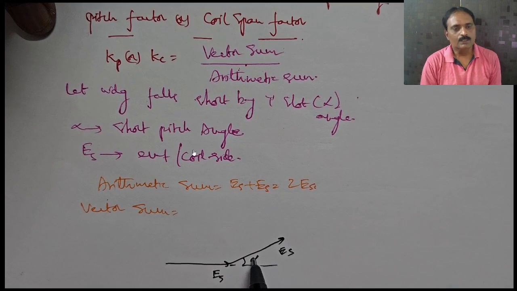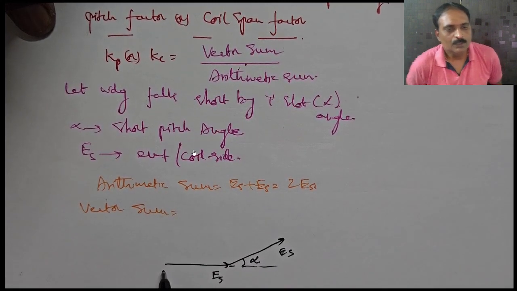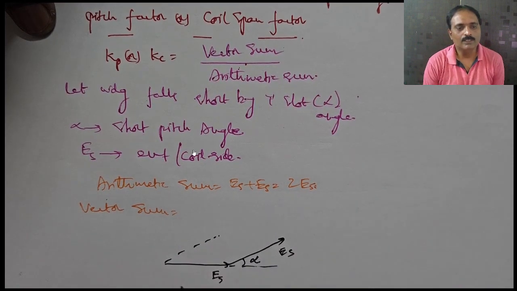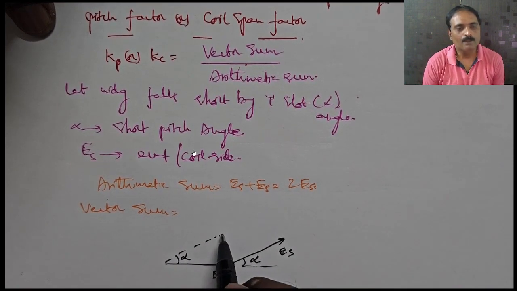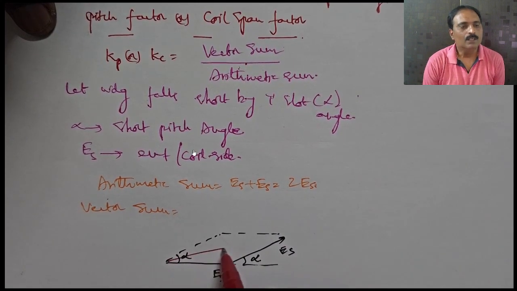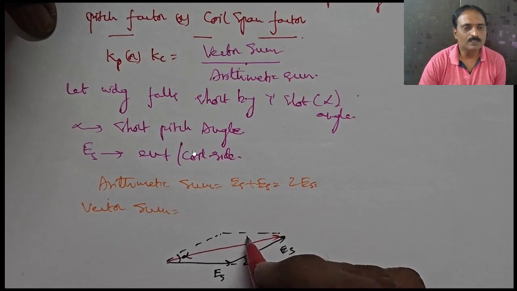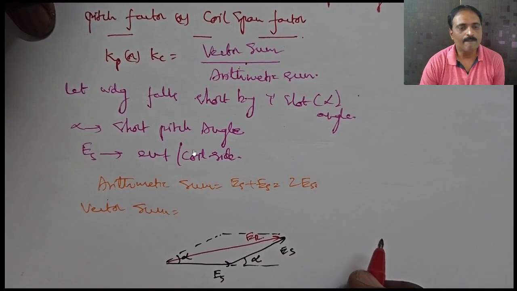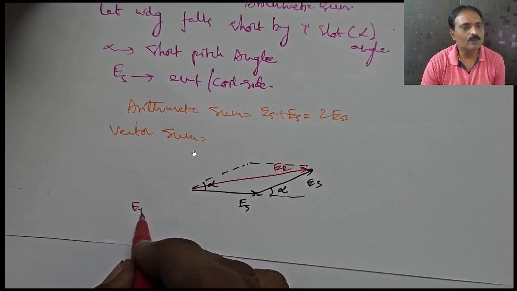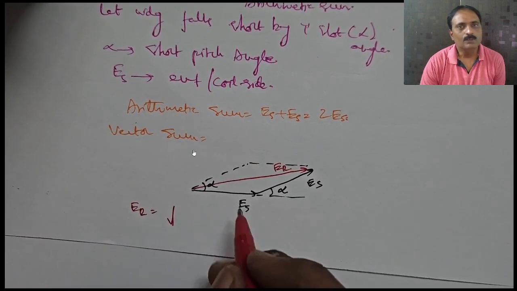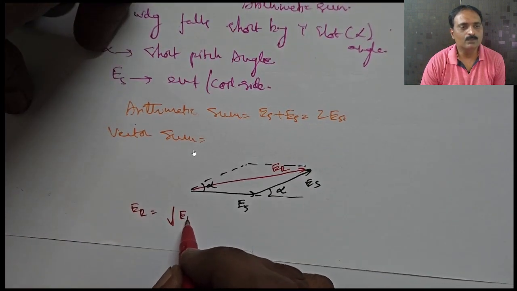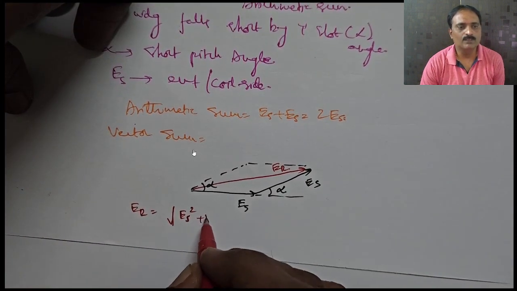Now the vector addition can be given by the parallelogram law of vectors. Consider the parallelogram of these two vectors, and this vector is going to give you the resultant, which is represented by ER. Using the formula, if P and Q are two vectors making an angle theta, the resultant will be square root of P square plus Q square plus 2PQ cos theta.